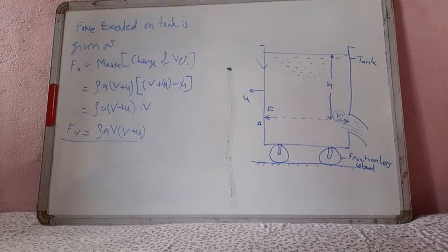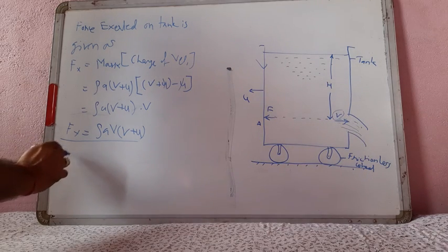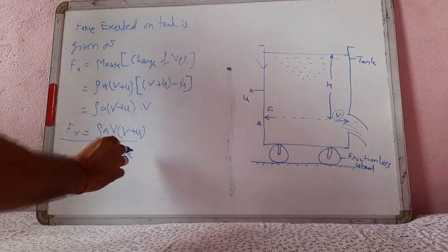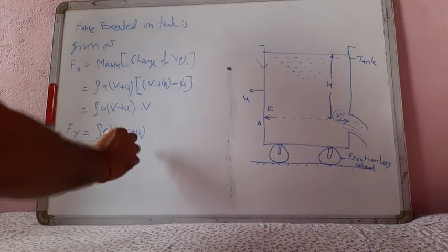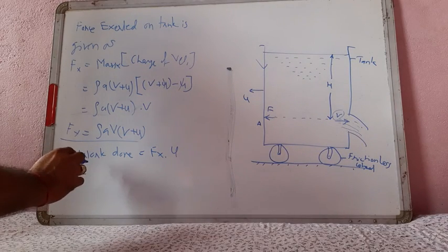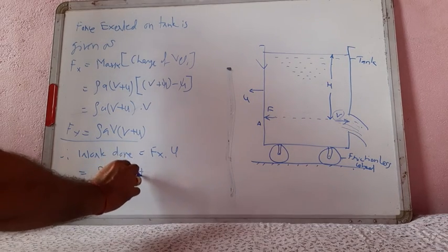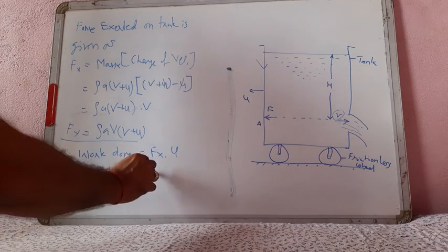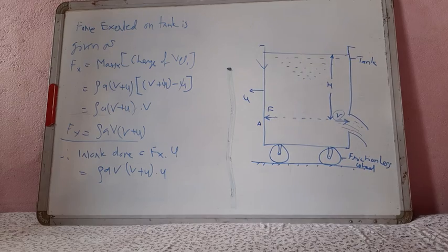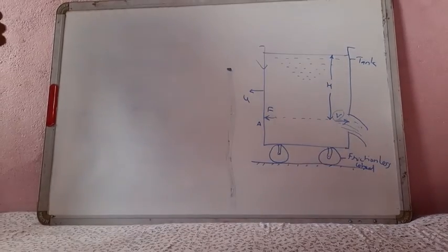Now the work done on the moving tank by the jet per second is equal to Fx into U. Putting the values, the value of Fx is rho A V into (V plus U) and this is multiplied by U. So this is the equation for the work done.